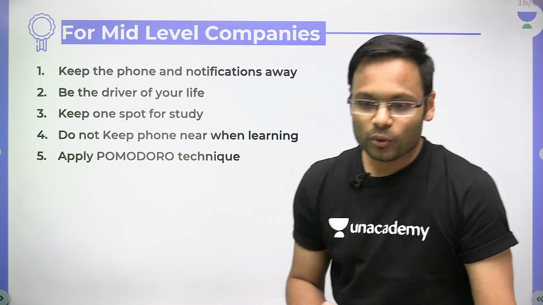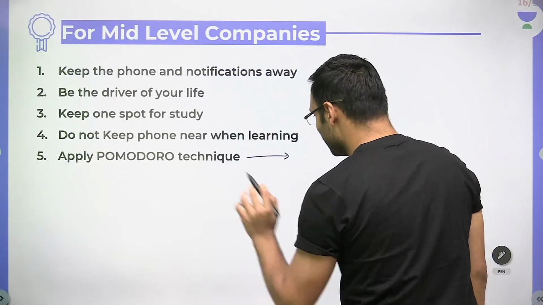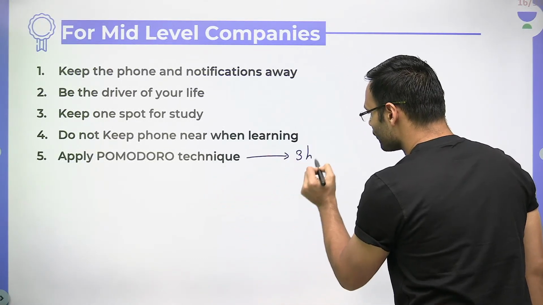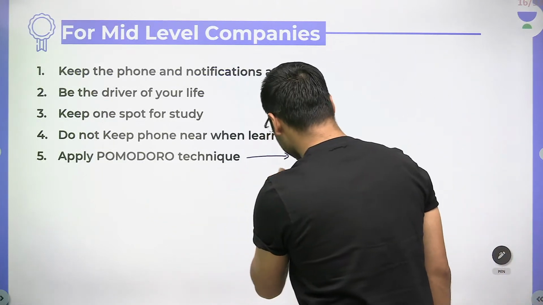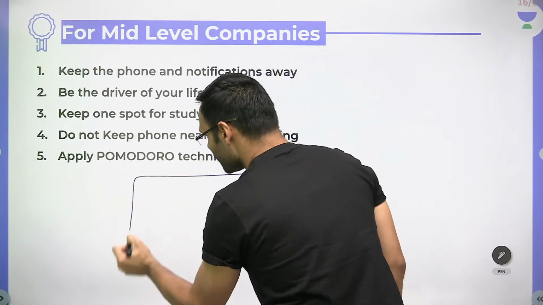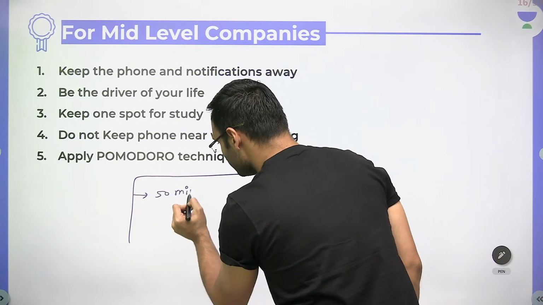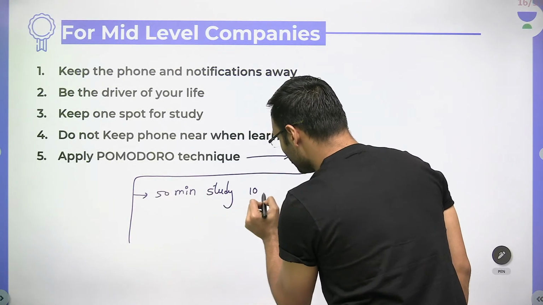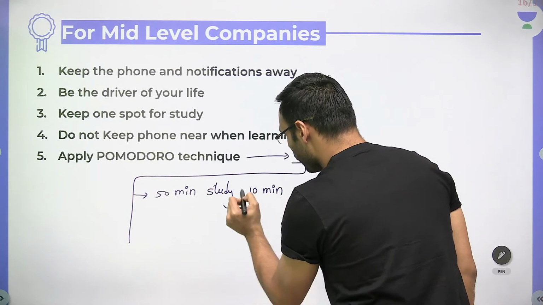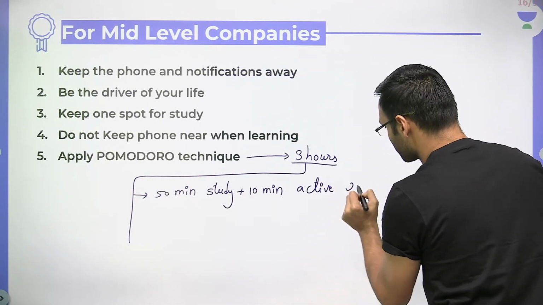So the Pomodoro technique says, let's say you are studying for 3 hours non-stop. In those 3 hours, you divide the time in such a way that first 50 minutes you study hard and 10 minutes you go for active revision or active refresh.